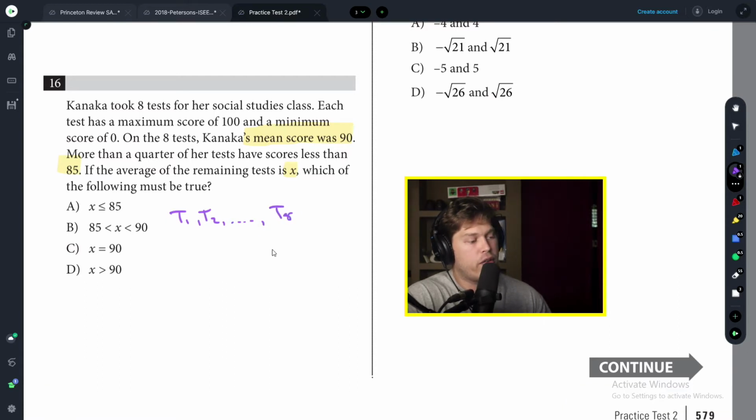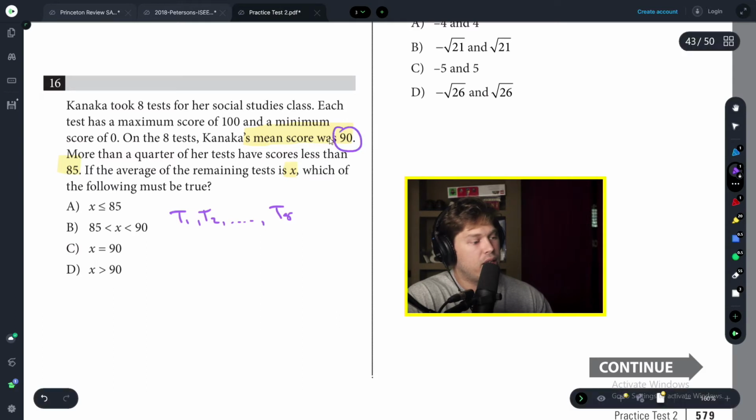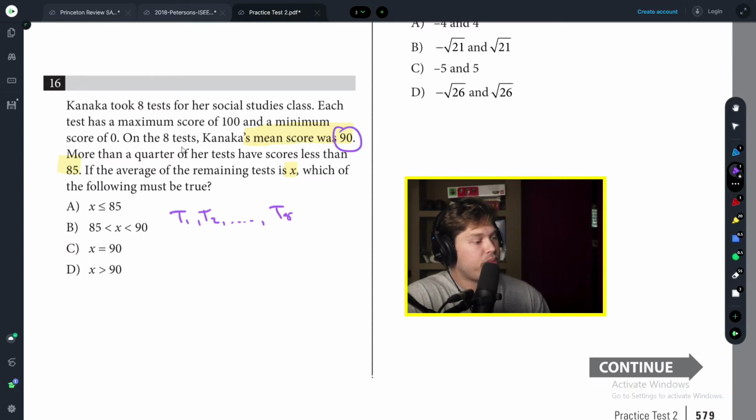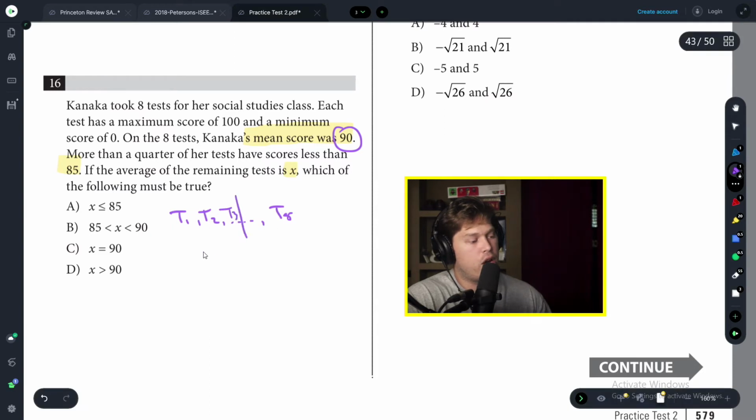And the average of all of these, remember average is adding them all up and then dividing by the number, is 90. And then we're told that for more than a quarter of her tests, her score was less than 85. So a quarter of 8 is 2. So we'll say for at least 3 tests, her score was below 85. However, the average for the other 5 tests has to be what?